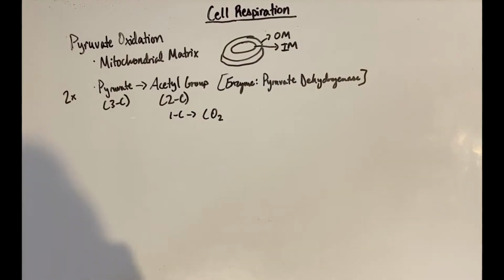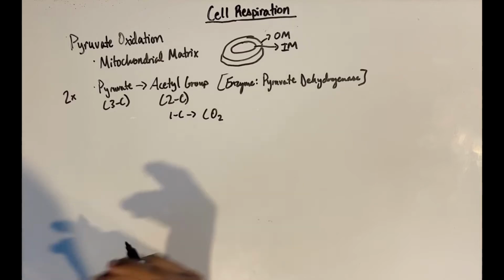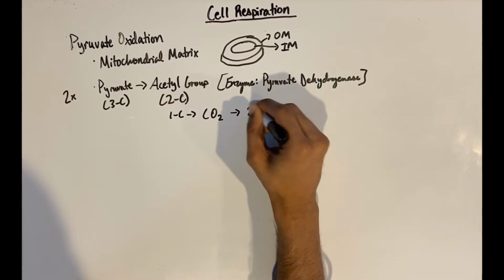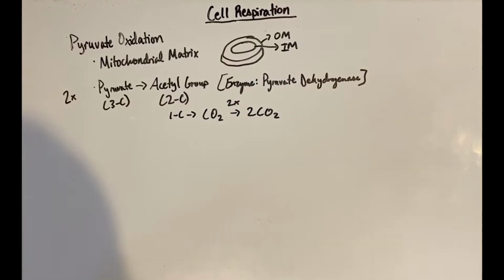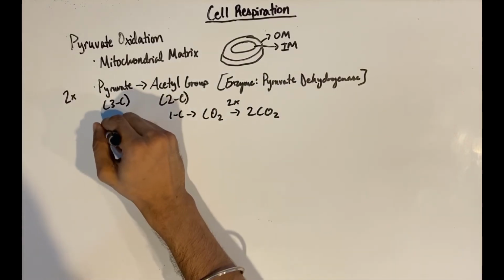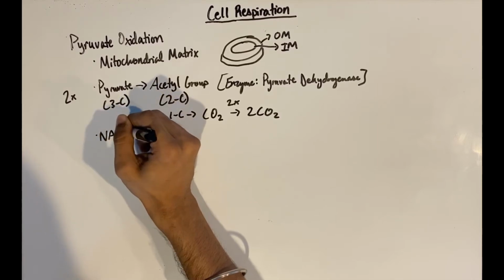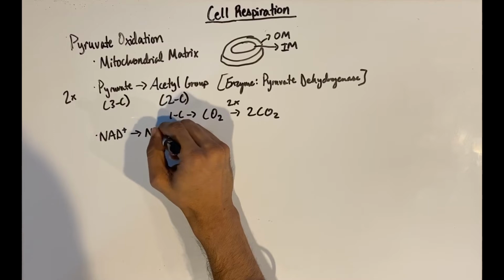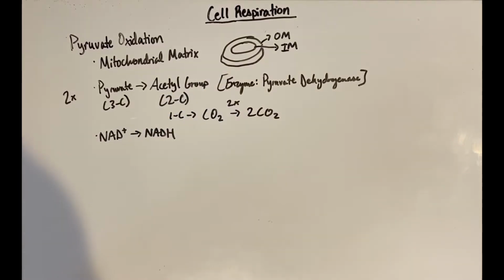And again, as the step happens twice, it's going to expel 2 CO2. This also involves an NAD plus becoming reduced and converted into NADH.